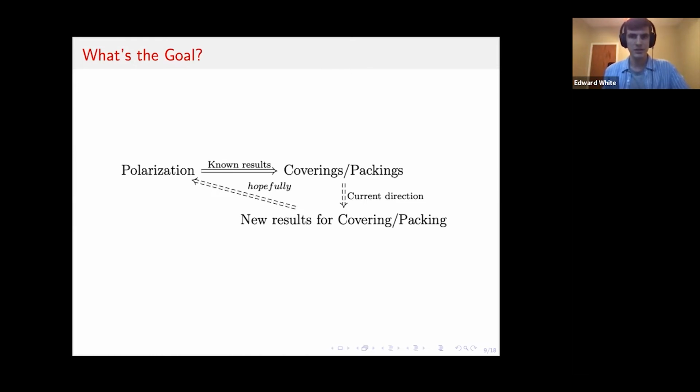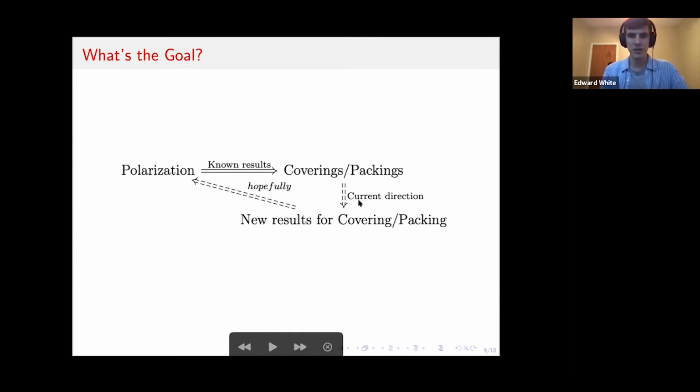So what we're attempting to do is take an alternative approach and take known results for polarization and apply those to the specific case of coverings and packings, which are a little bit easier to work with. Then hopefully we can discover some new results for coverings and packings, which will then make it easier to gain new results in polarization. So we're hoping to gain some insight on what happens with the coverings and packings before hopefully pulling it back to the case of polarization.